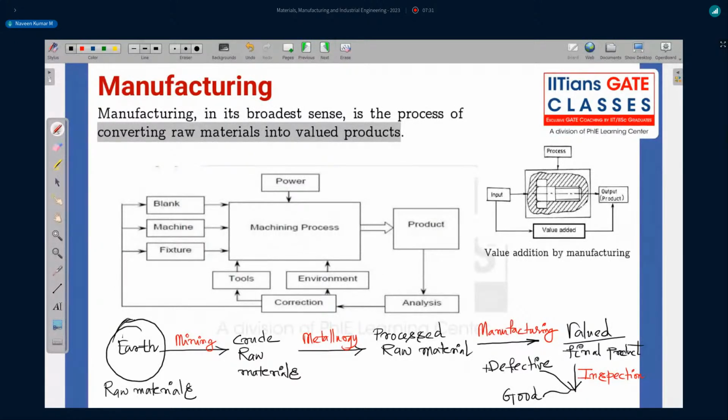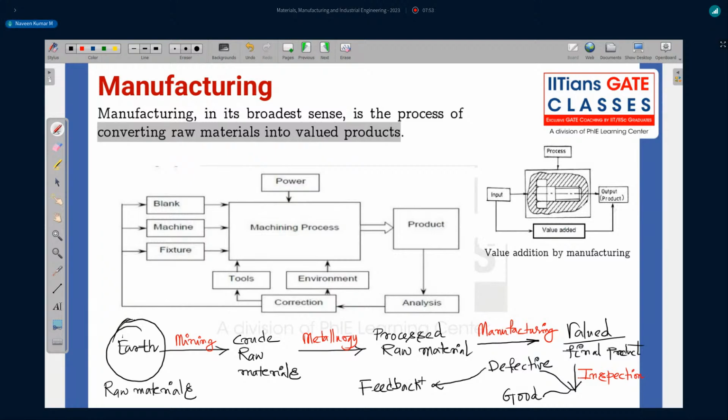If you have a defective product, it means that there is some error in either metallurgy or materials or manufacturing or design. Anything can be a problem, right? So this is your feedback.